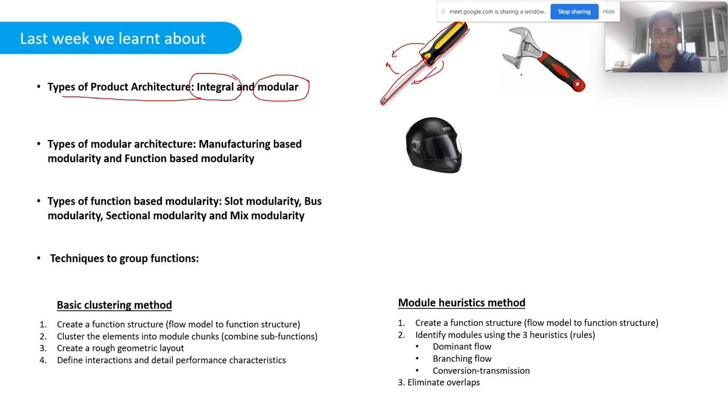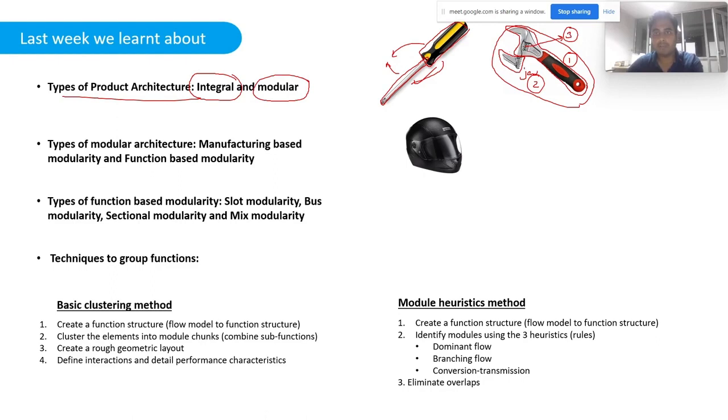Okay. However, if we consider a spanner, it has three components. One, similar to the screwdriver, is a handle with a metal jaw. Another part is a separable jaw and a thread. So this is the third, this is the second. Now here the three physical entities have relative motion and they interact with each other, and each of them has separate functions.